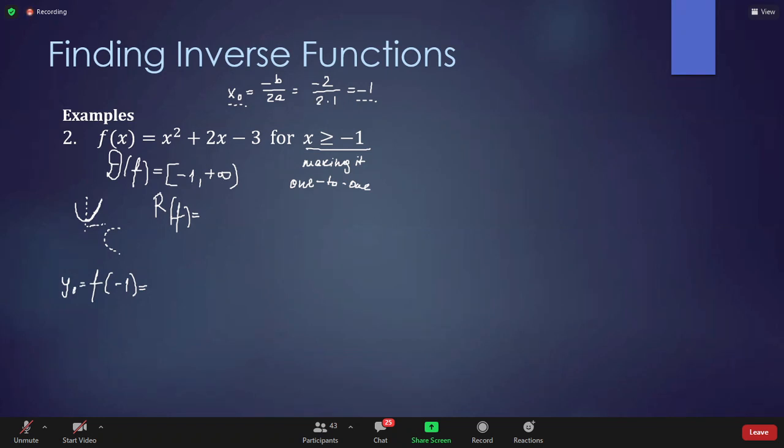We have -1 squared plus 2 times -1 minus 3. 1 minus 2 minus 3 is -4. So the range would be from -4 to plus infinity, because the function is going upwards. So -4 is the minimum point of this function.